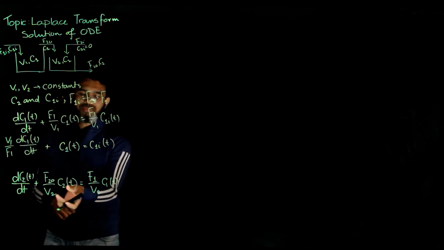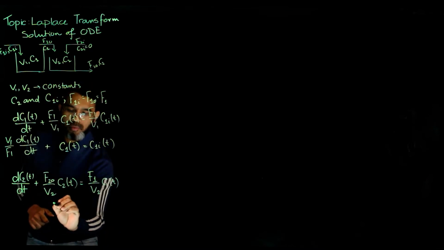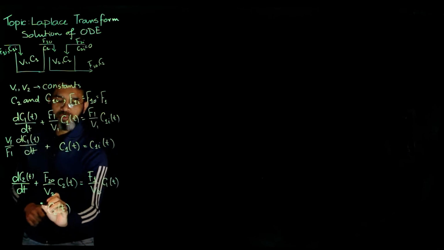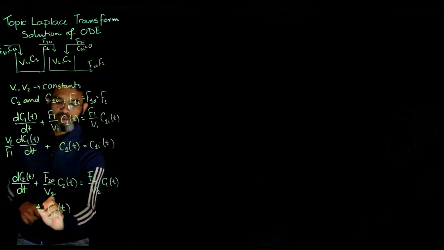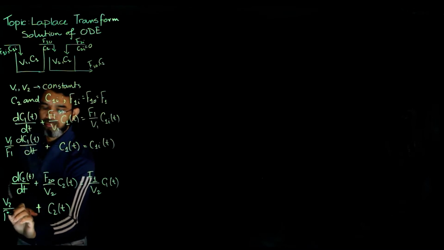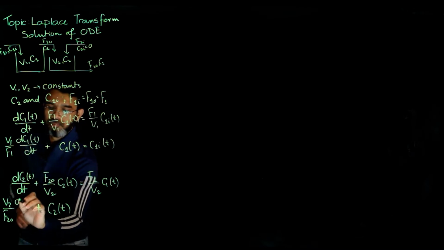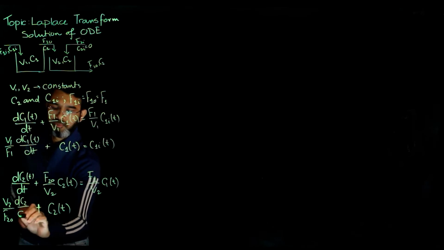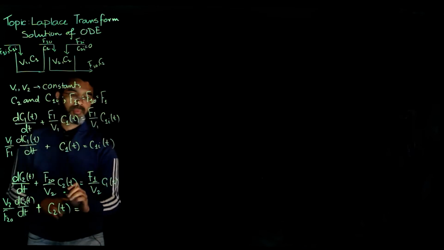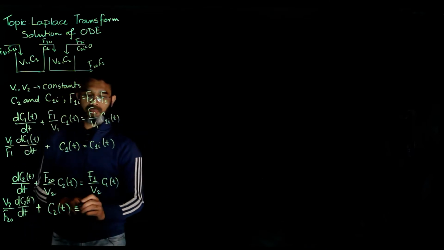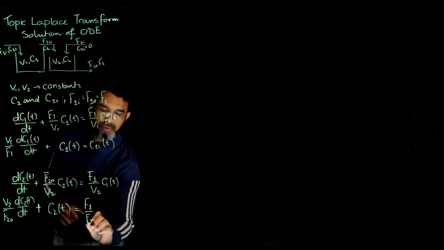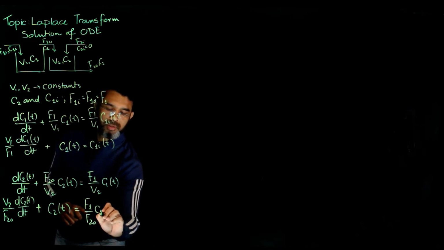The same thing, we make this coefficient 1 by multiplying with V2 over F2o. So this will give us F1 over F2o C1(t).